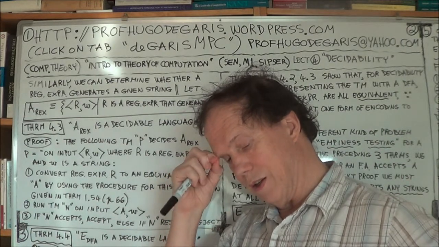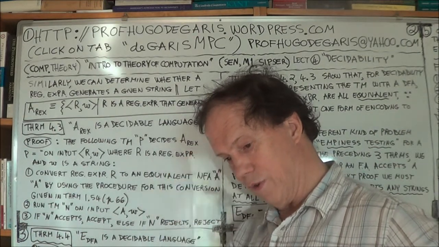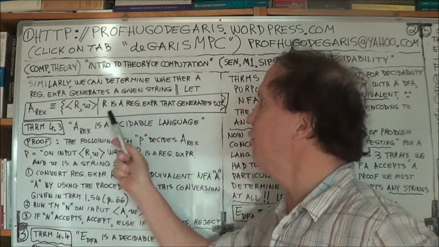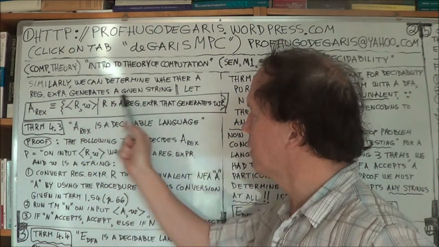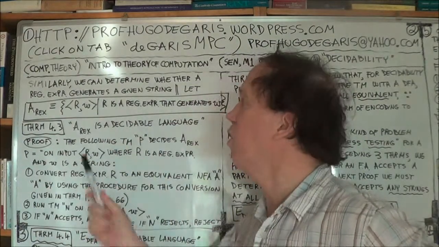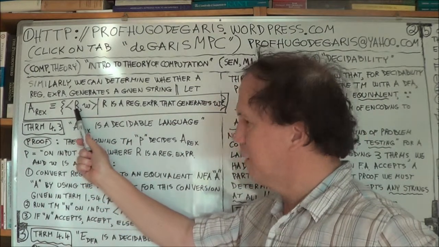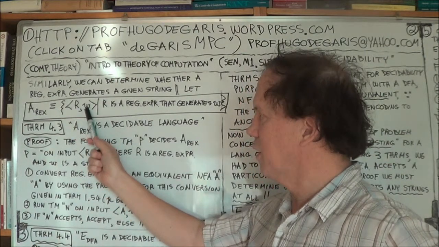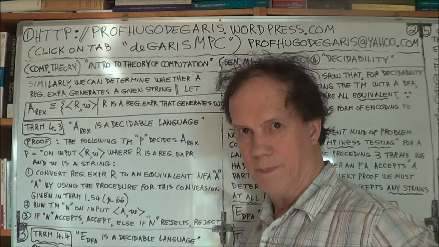You have a yes/no answer to your question, because if for a particular regular expression and a particular string this ordered pair does belong to the language, then you know the answer is yes. This regular expression does generate this string.